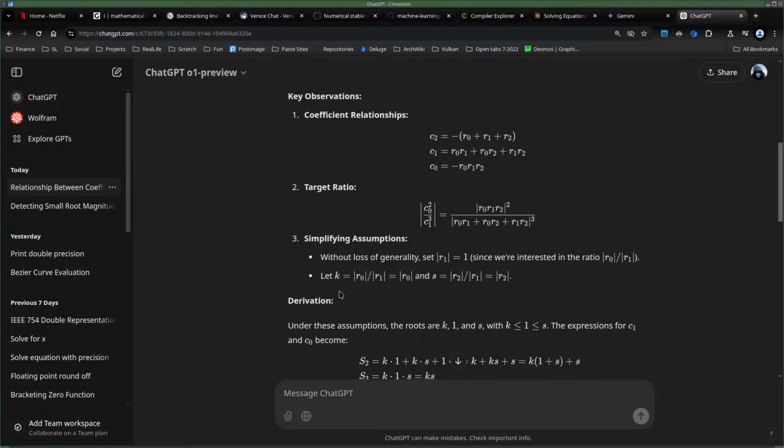Yeah, I mean, it goes on with let k be that without removing the absolute value of R1 again. Oh, it does. Yeah.